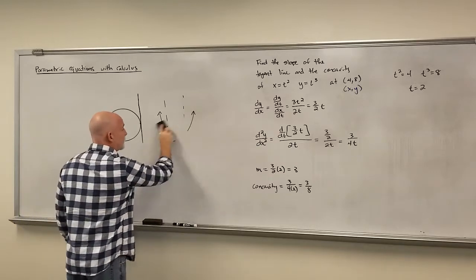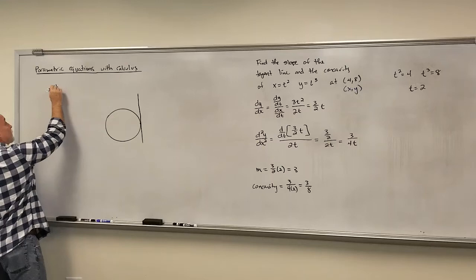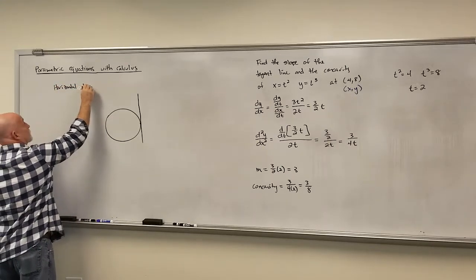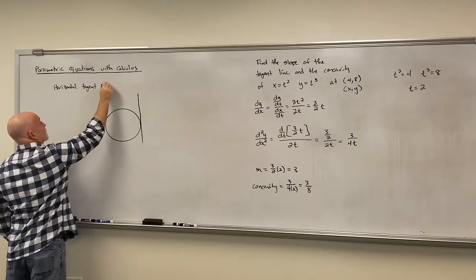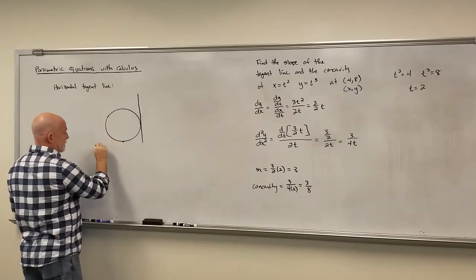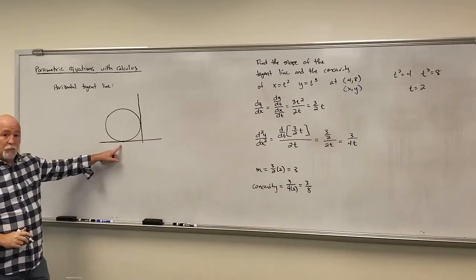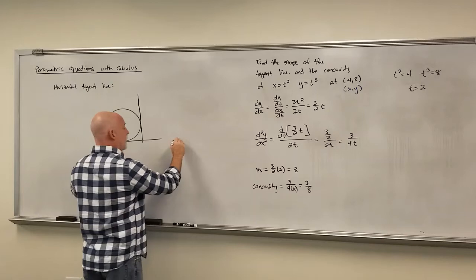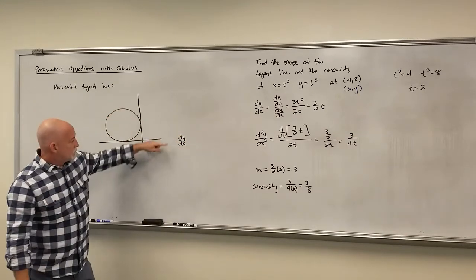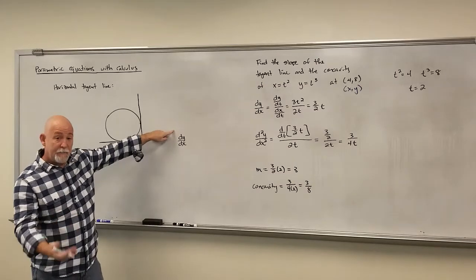So, good news is the idea is exactly the same for horizontal tangent lines. Well, for a horizontal tangent line, I'll draw one down here at the bottom of this. What do we know about here? We know the slope is 0. So if you think about the slope, dy/dx, for a fraction to be 0, the top has to be 0.